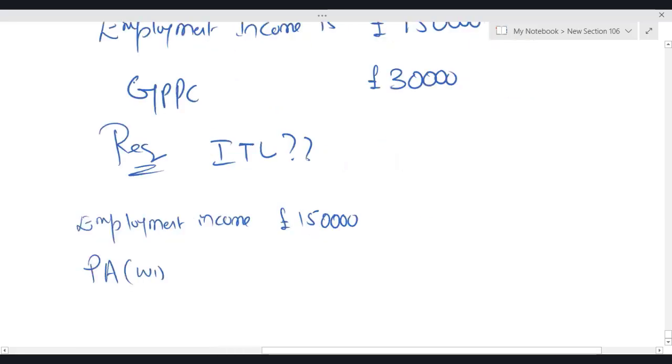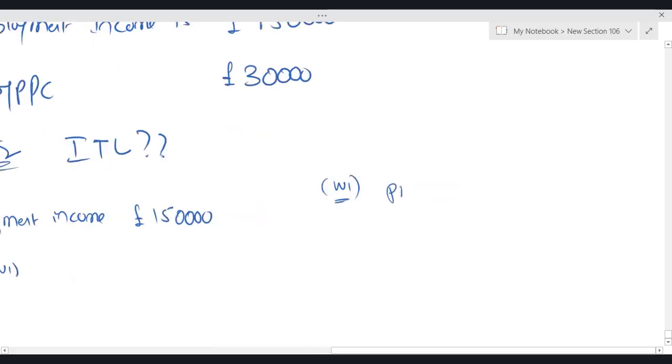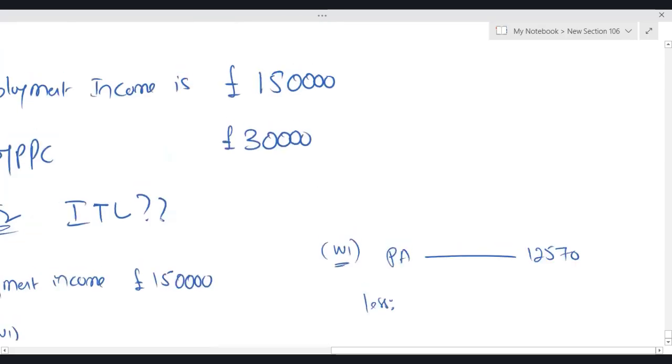Normally, the personal allowance limit is 12,570, less the reduction. Can I say adjusted net income will be 1,50,000 minus 30,000?